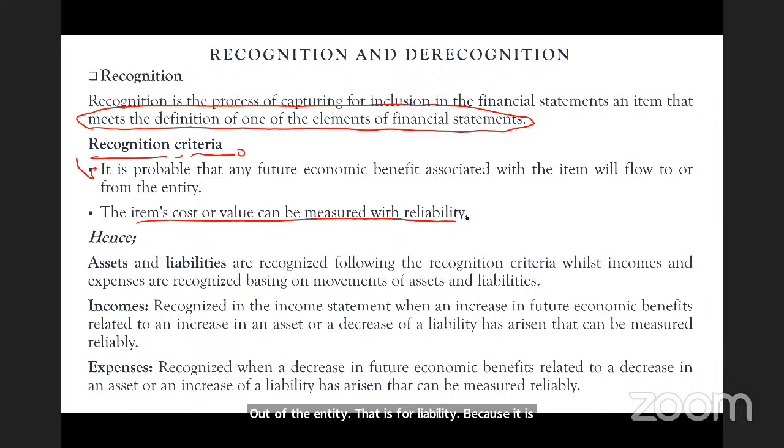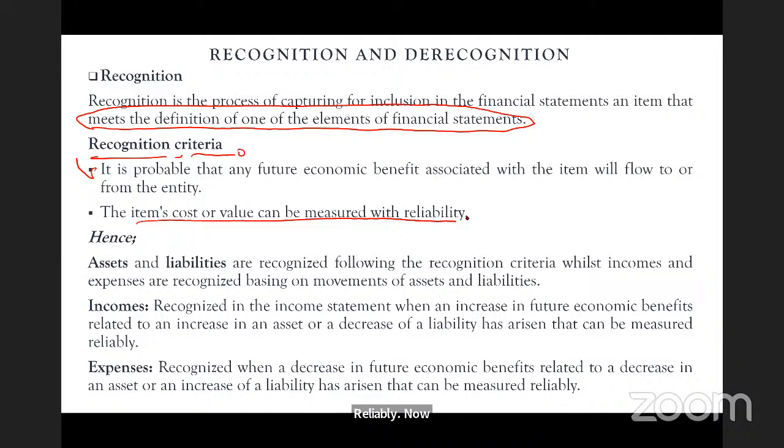Are we together? It is a present obligation, but settlement of that obligation will require us to part with an economic resource. That's why we are talking about something going out, to settle it. Then the asset or liability's cost or value must be able to be measured reliably.